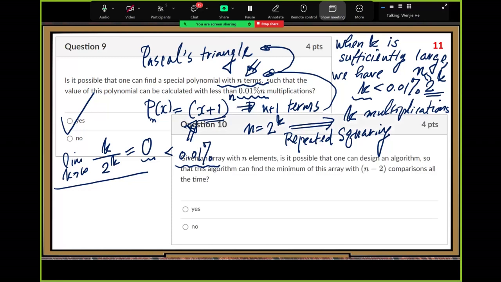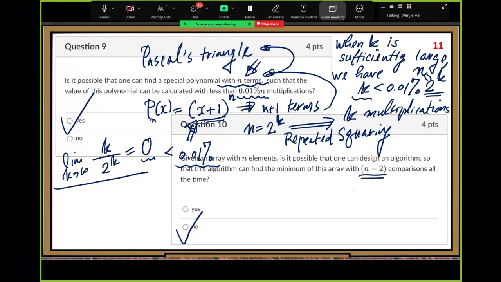The last one of quiz 1. Given an array with n elements, is it possible that one can design an algorithm to find the minimum with n minus 2 comparisons? The answer is no. The reason is very simple.